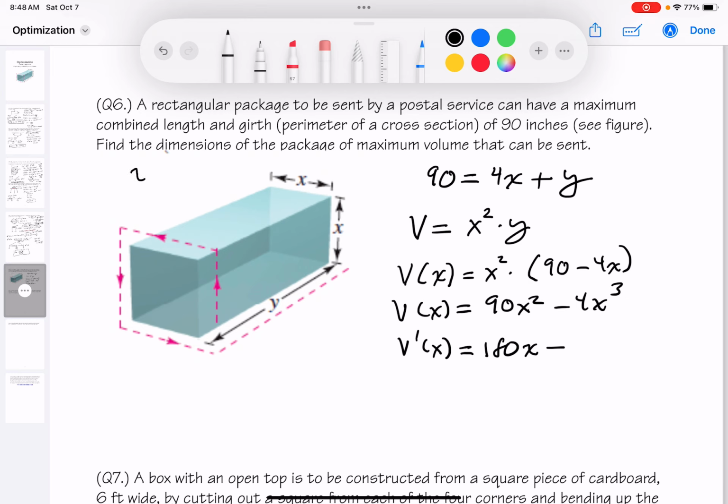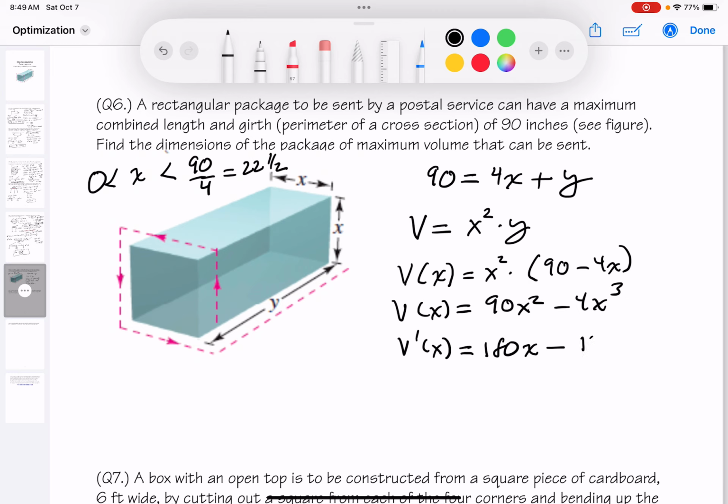So the x greater than 0. And if I shrunk the y down to 0, what's the most x could be? It would be 90 over 4. And 90 over 4 would be equal to 22 and a half.